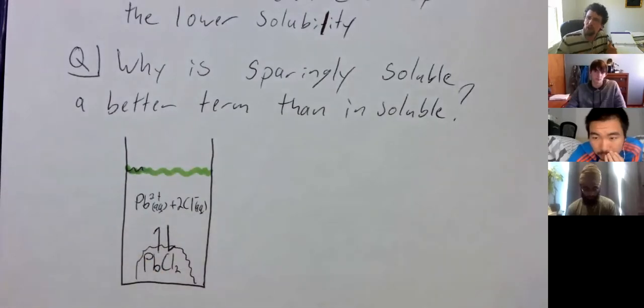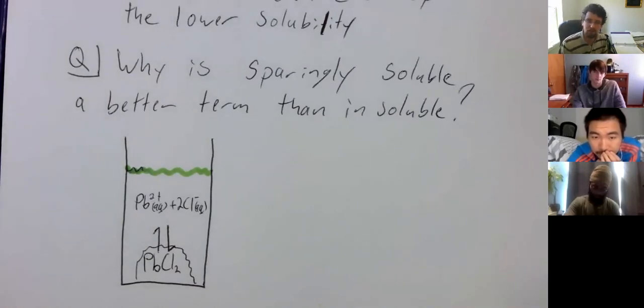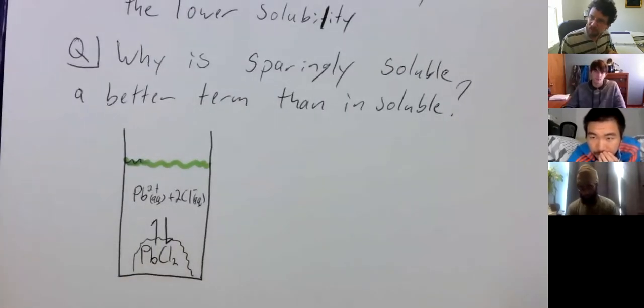Why is it better to use the term sparingly soluble rather than insoluble? Anyone have any suggestions or ideas? Because insoluble means it doesn't dissolve at all. Right. And in reality, what do we know about this salt? A little bit dissolves. Yeah, it's really small. For some of them, it might be really, really tiny, and that's what it is in this case. But still, there is some that's dissolved in solution.